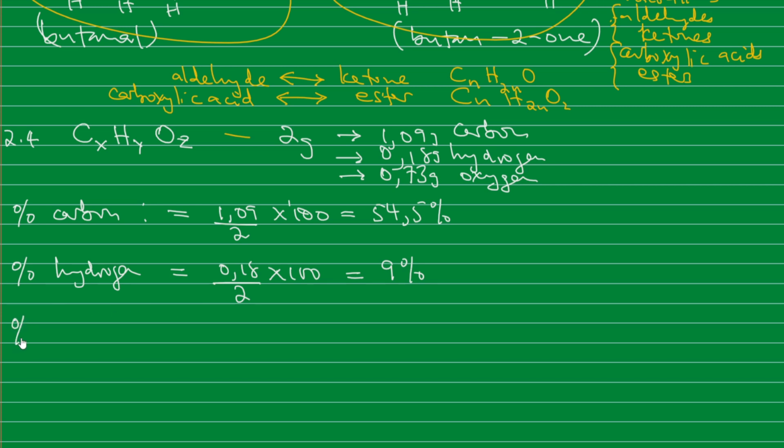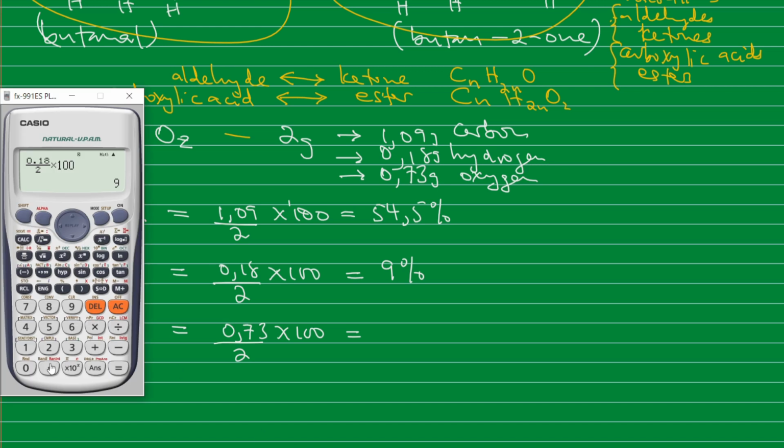And then let's calculate the percentage of oxygen. How much oxygen is there? 0.73 over 2 multiplied by 100. Or you can simply add these two, then subtract from 100, and you get your answer straight away.